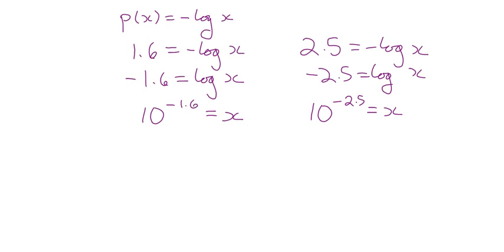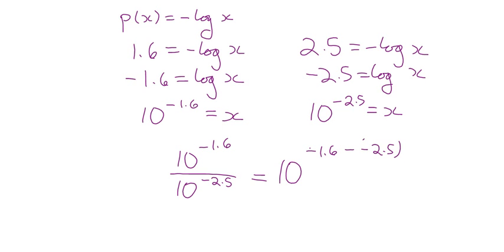And to compare the two, ratio, right, we'll take 10 to the negative 1.6 divided by 10 to the negative 2.5. I'm dividing powers with the same base, so I subtract the exponents, so it'll be 10 to the negative 1.6 minus negative 2.5, which is 10 to the power of, I think it's 0.9, yeah.